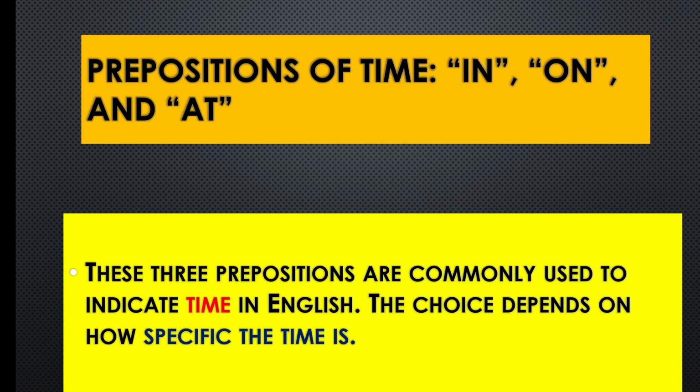The choice depends on how specific the time is. So when do we use in, when do we use on, and when do we use at? Everything depends on how specific the time is. So let us move on.